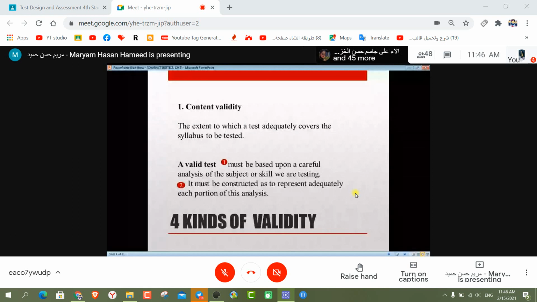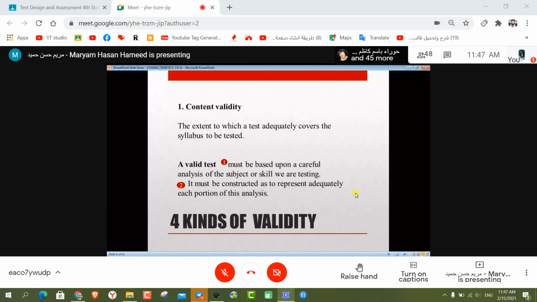Content validity means the extent to which a test adequately covers the syllabus to be tested. Okay, for example, you have chapter 1 and 2, so the extent to which a test adequately covers the syllabus to be tested means that your test in general has to be from the first page of chapter 1, for example, up to the final page of chapter 2.